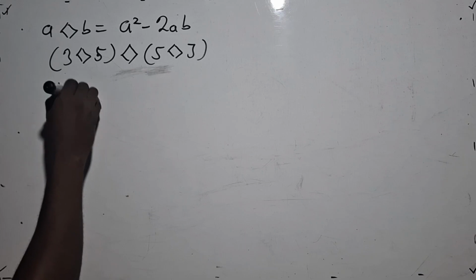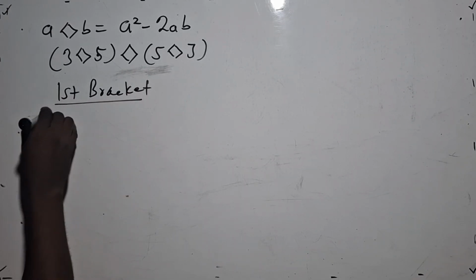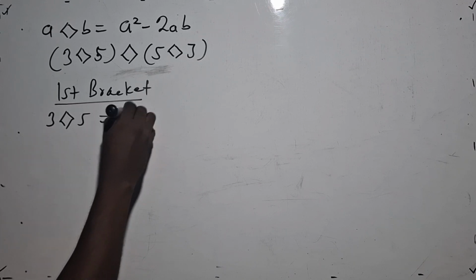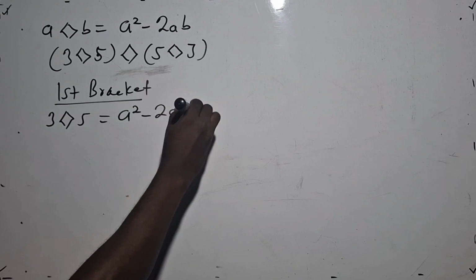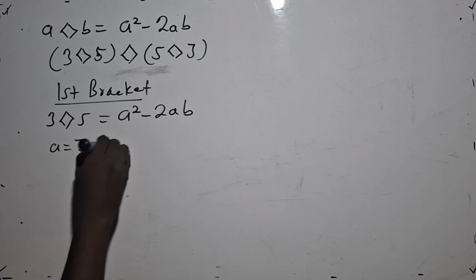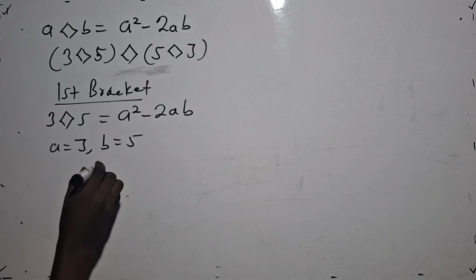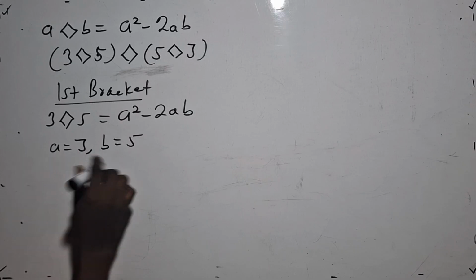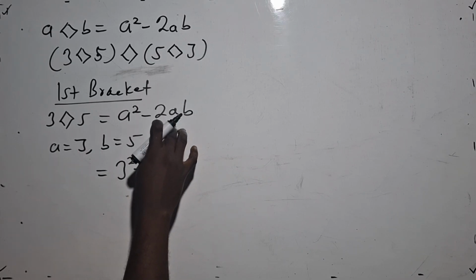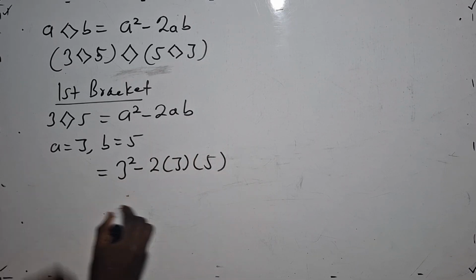So I'm going to solve the one in the first bracket. The first bracket is 3 operation 5 with the rule a squared minus 2ab. So with this, our a is 3 and our b is 5. So follow closely. So a squared, which is 3 squared, minus 2 times a, which is 3, then b, which is 5.